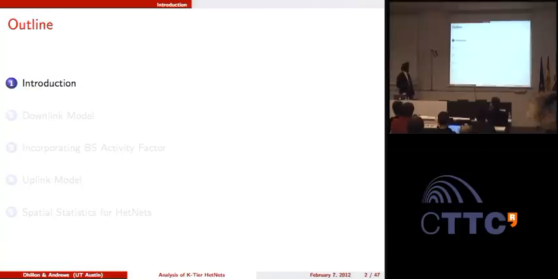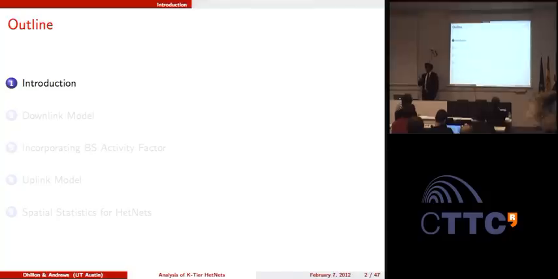Then we will develop a baseline downlink model: how you model downlink in a HetNet scenario, and how you develop tools to get some analytical results. Then there will be some technical challenges, and we will introduce notions of load, of how the load on a femtocell can be modeled analytically, which we will do by incorporating a base station activity factor.